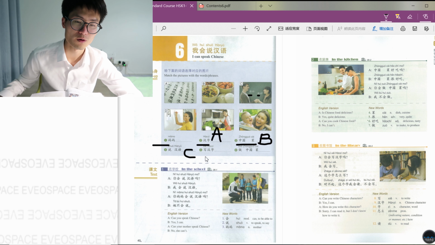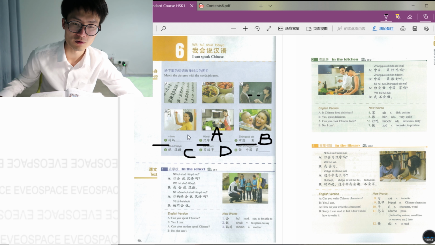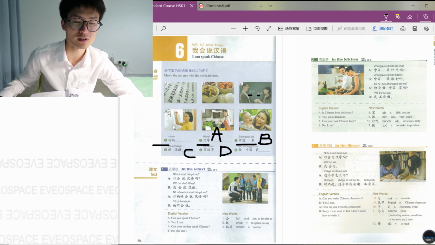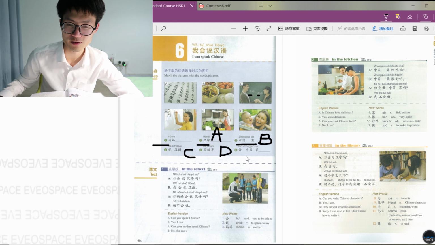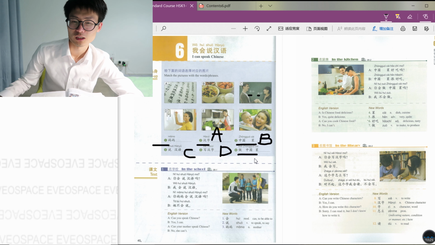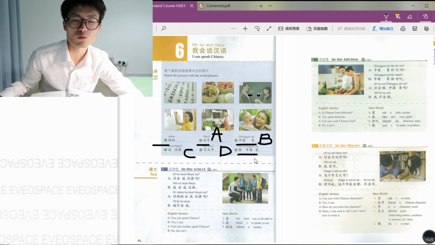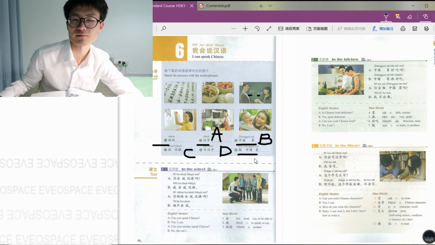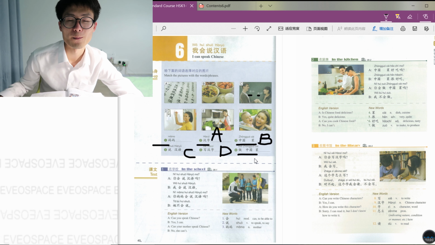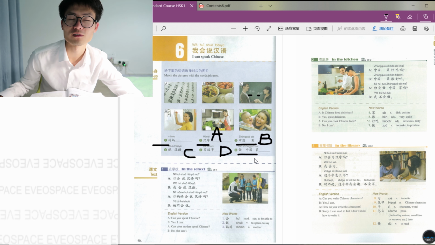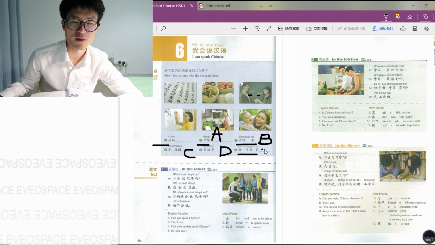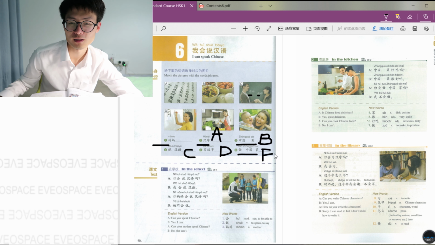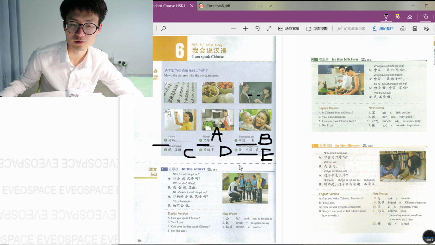So I think it's D. She's writing, and there is 汉字 there. 做中国菜, it's about make Chinese cuisine, make Chinese dish. Then I think it's E.